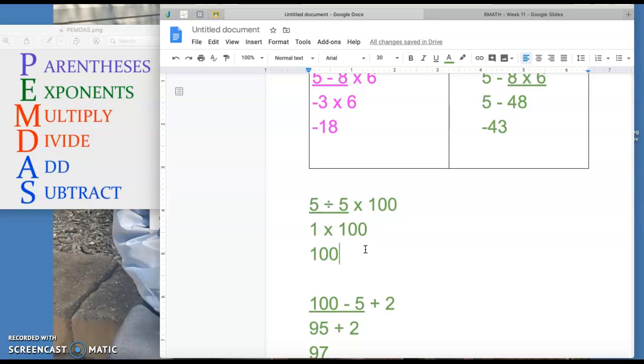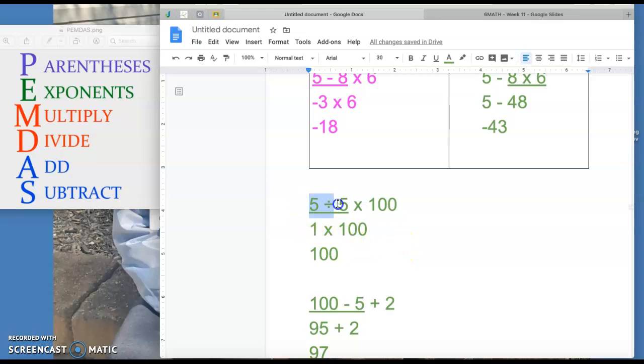No. Notice here that P is purple, E is green, M and D are both red, and A and S are both blue. That was the question at the end of last week's slideshow about what we do if we have multiplication and division or addition and subtraction in the same expression. And the answer is you work left to right in that situation.